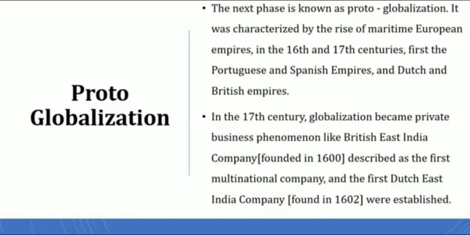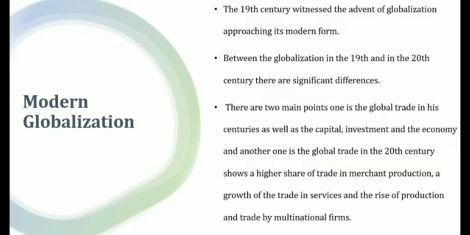Are you clear? Okay, it is the world's first multinational company, the British East India Company. It was started in 1600. Next, in 1602, the Dutch East India Company was established. Okay. Next stage, the third stage, is modern globalization.